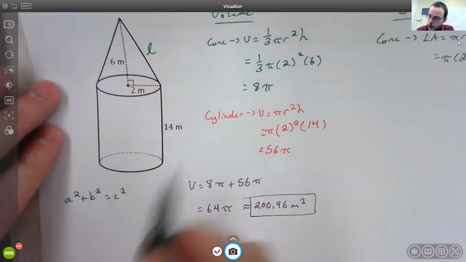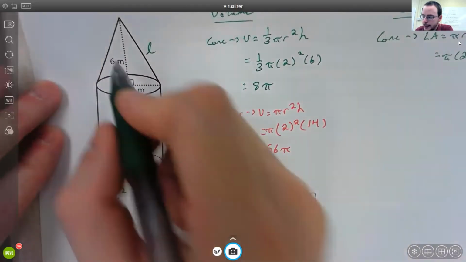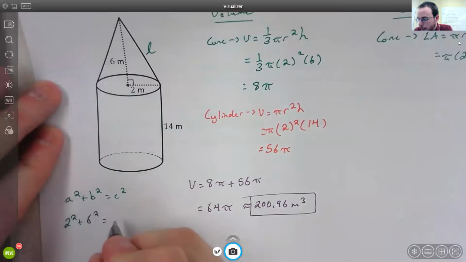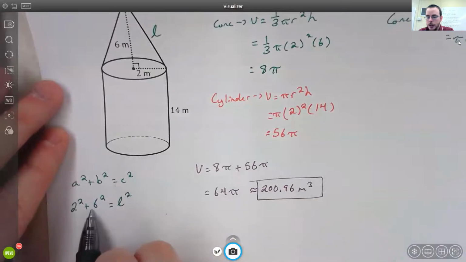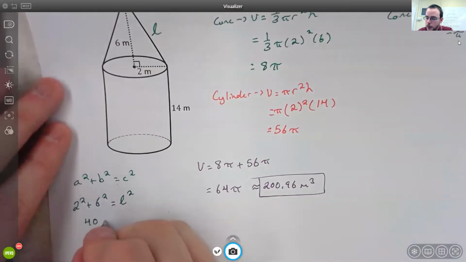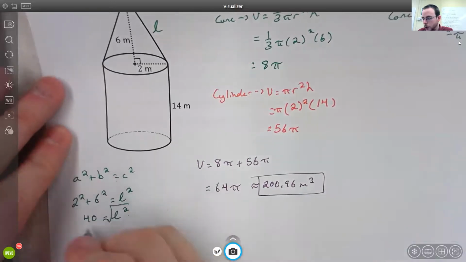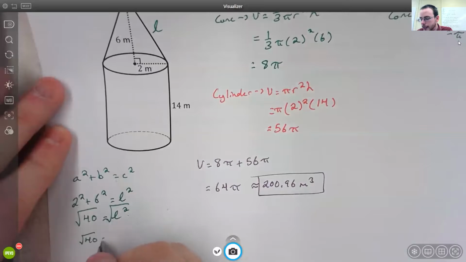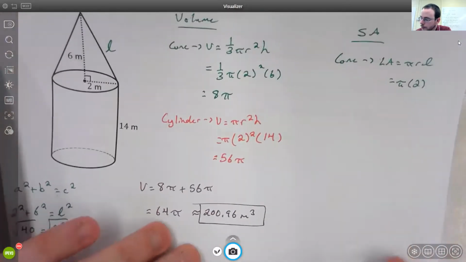So a is 2, so 2 squared. B is 6. 6 squared is equal to c squared, which would be L squared. 2 squared is 4. 6 squared is 36. 4 plus 36 is equal to 40. We need to get rid of that squared, so square root both sides. And we get that the square root of 40 is equal to L. Now we just plug that in.